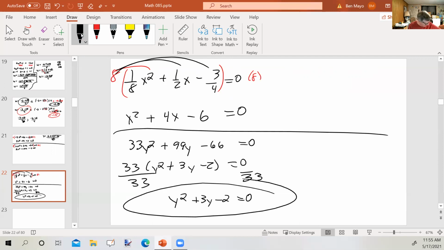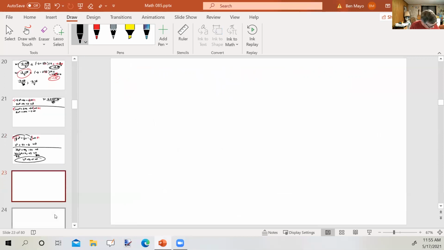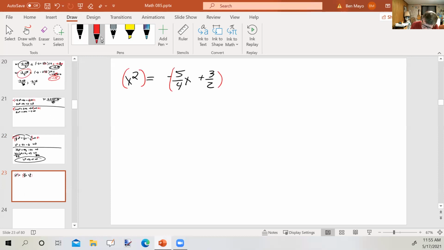Okay, let's take a look at some more problems. Let's see, how about this one? X squared equals negative 5/4 x plus 3/2. So this equation contains fractions. Let's get rid of them by multiplying both sides by the LCD, which is 4.